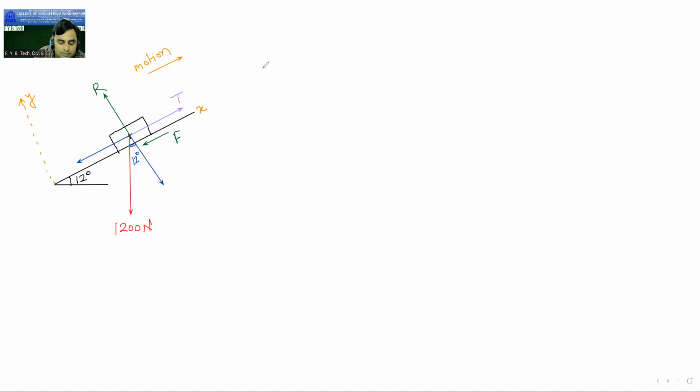Now the inertia force will be opposite to the direction of the motion. So what is the direction of inertia force? This is the direction of the inertia force, MA.